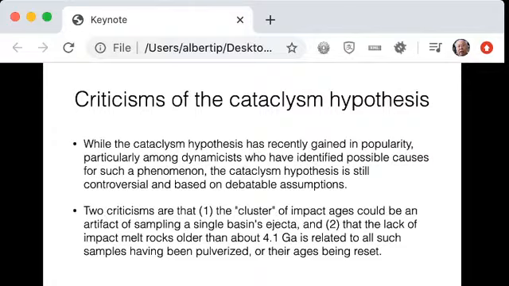There are several criticisms of this hypothesis, two main ones. The first is that the cluster of impact ages could be an artifact of sampling error, because when we look at the Moon, we are looking at one side. Until lately there was no landing on the far side of the Moon.